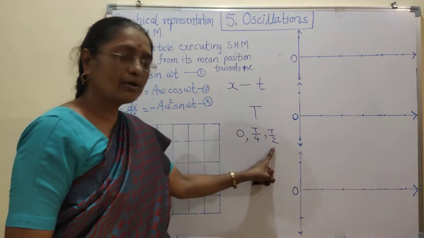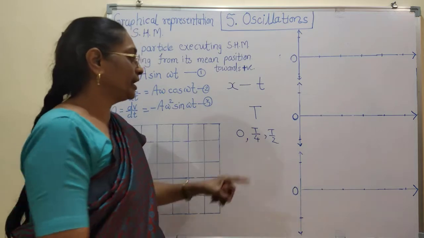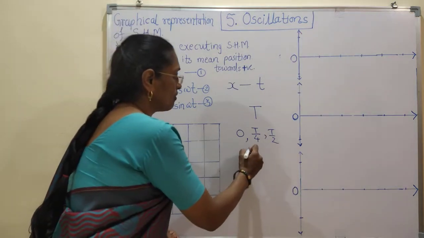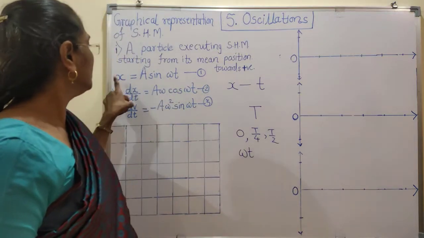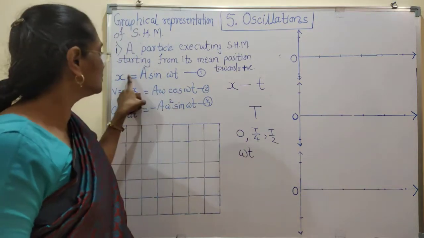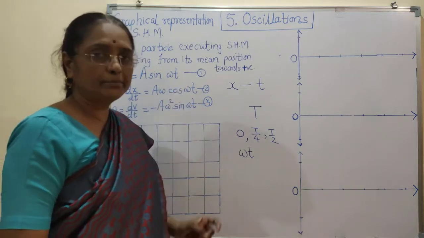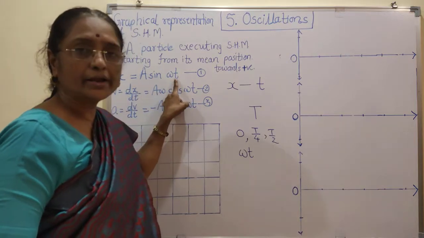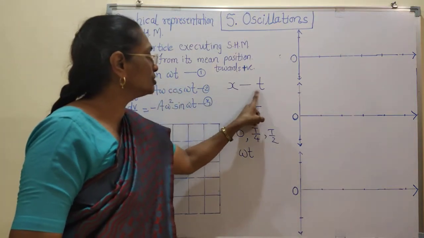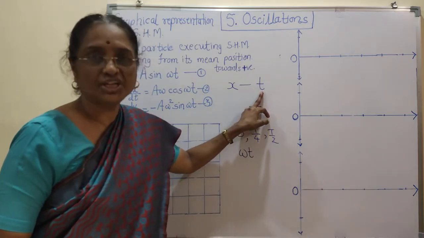Once we have the values of time, we can have the values of omega t. Substituting omega t in the expression, we get the values of x. So one by one we put the values and then plot the graph of x versus t.